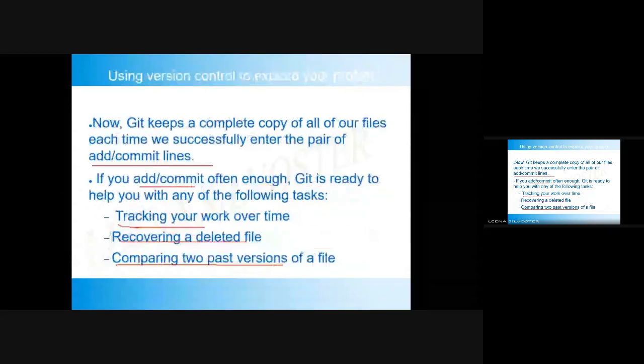Using version control to explore your work. So you have to add a pair of add or commit lines. It will help us to track your work, recover a deleted file, and compare two past versions of a file.